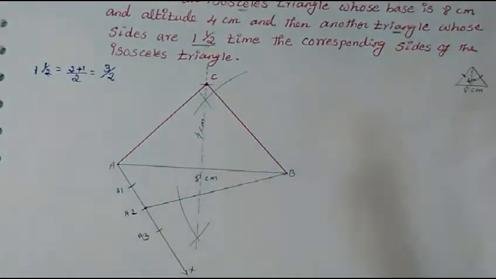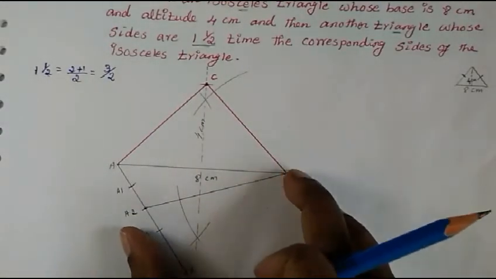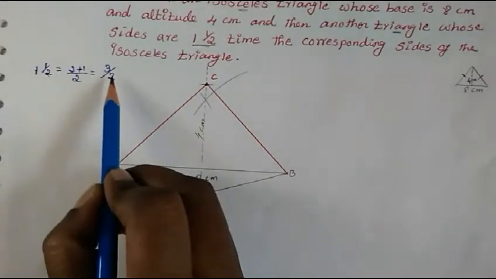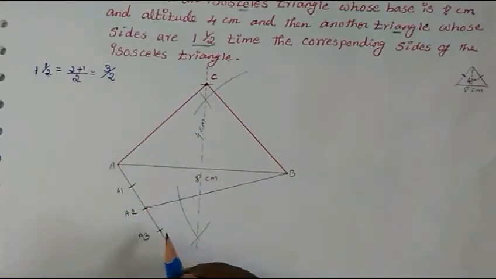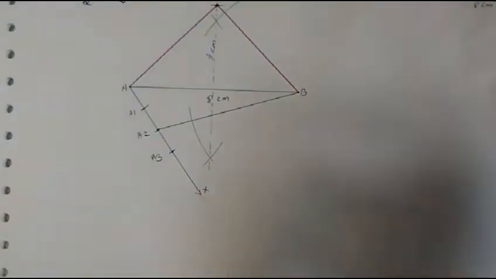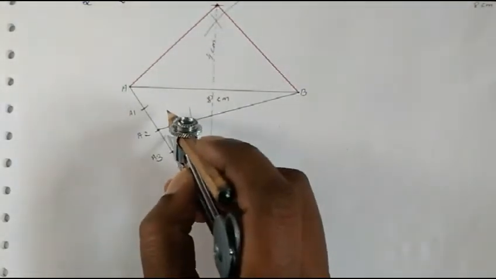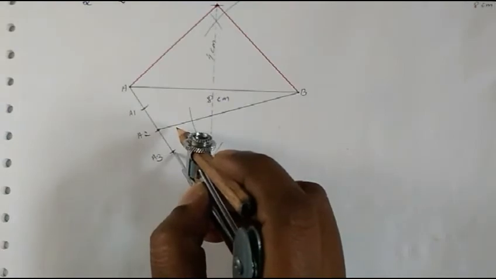Now after that what we have to do? For this line we have to draw a parallel line. Point 2 we finished, so 3 is left. So from point 3 we have to draw a parallel line to this. For that we will take the compass, draw an arc for this, and the same way we will draw the arc for this also.